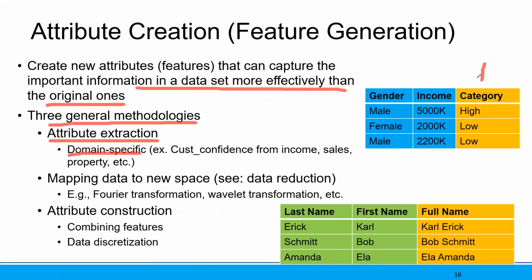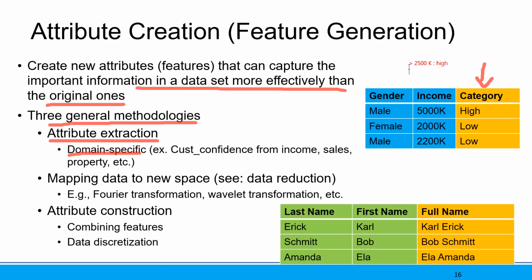I call it category. If I know that the income is more than 2,000K, I have confidence this is a high target for the marketing.